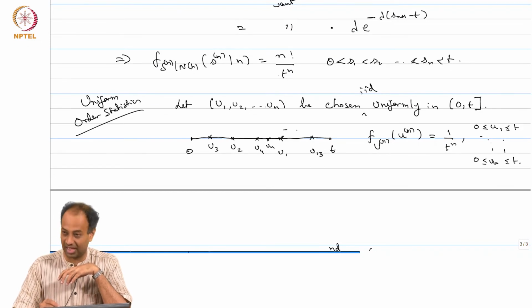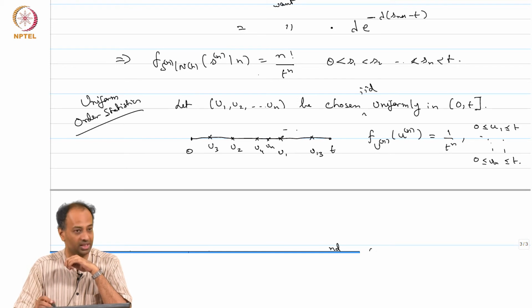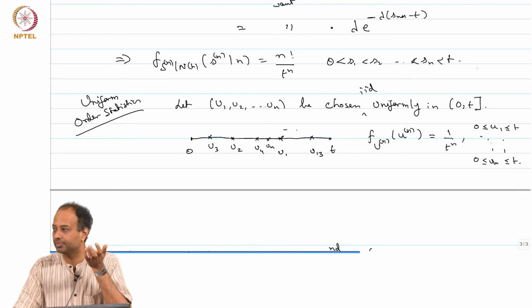The density will be the same, okay, for X1 through Xn, except that the constraints will now be so this constraint will have to apply, right. This constraint will simply apply as sum over X1 through Xn less than t, okay.